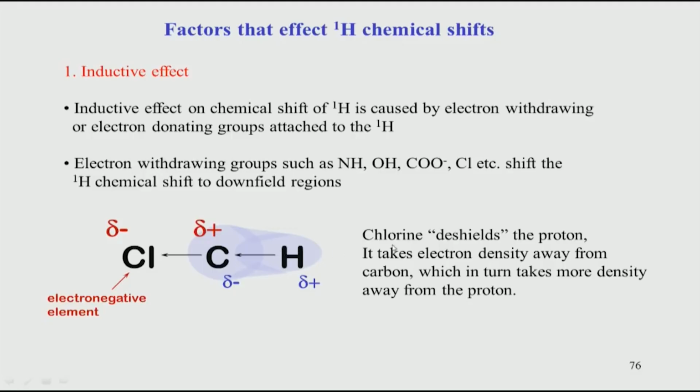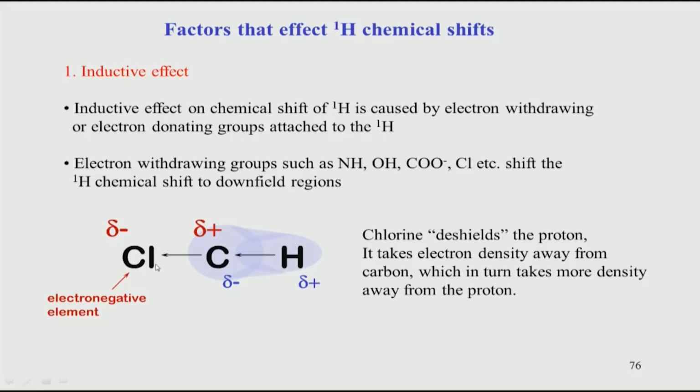We say that chlorine de-shields the proton because it takes away the electron density from the carbon, which in turn takes away the density from the proton. This is the electron withdrawing effect, and it is typically observed in functional groups such as NH, OH, carboxylate, chlorine, etc. Because of that, this hydrogen now appears at a chemical shift value that is very downfield shifted. This is what we saw in the previous slide: the hydrogen attached to a chlorine comes downfield shifted.